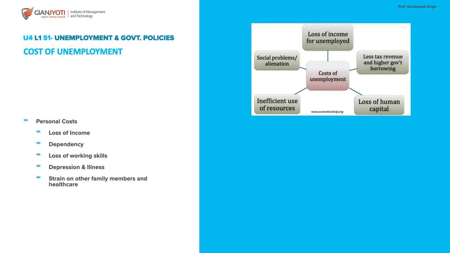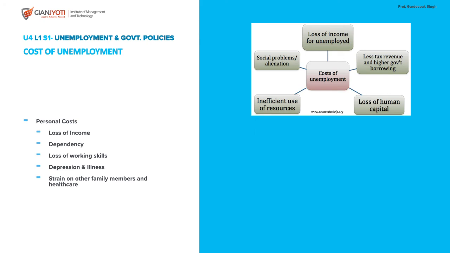Over a period of time, the unemployed youth lose the working skills and then they go into depression and illness. As a result, they put strain on other family members and also on the healthcare system of the country.